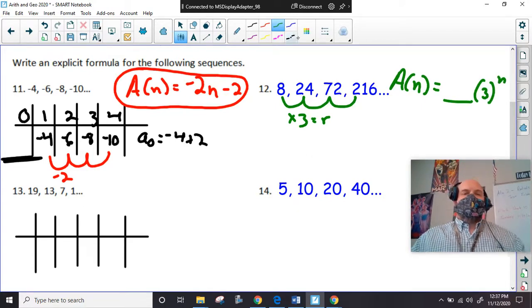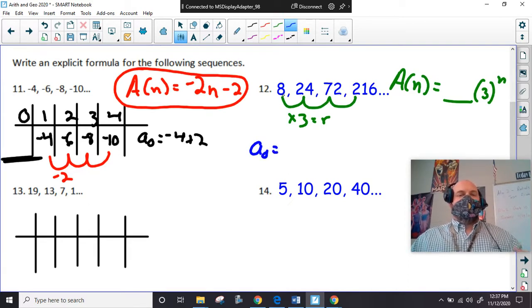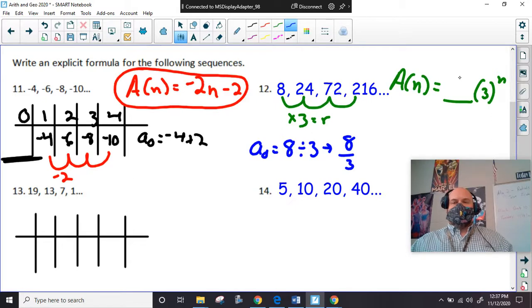Now, to find my a sub 0 here, if I'm multiplying by 3, what's the opposite of multiply? Divide. So I'll actually have to do 8 divided by 3. Well, the easiest way to do that is to write it as an improper fraction. 8 over 3. That was gross. And that's actually our equation.